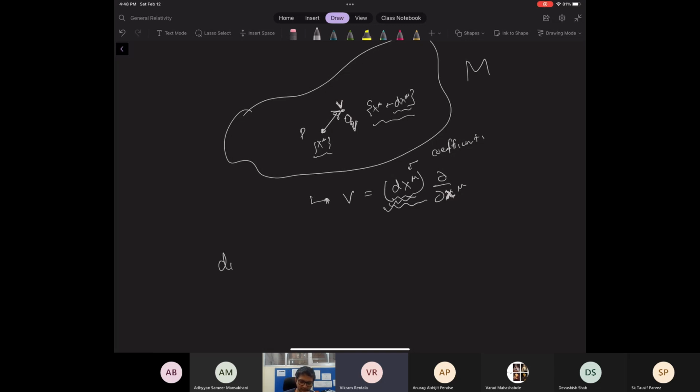So we want to find the distance associated with the displacement of coordinates, the displacement of which I'll denote symbolically as these components. With this displacement in coordinates, I want to know what is the distance that I cover on this manifold. That notion of distance requires that I have a metric on the manifold.